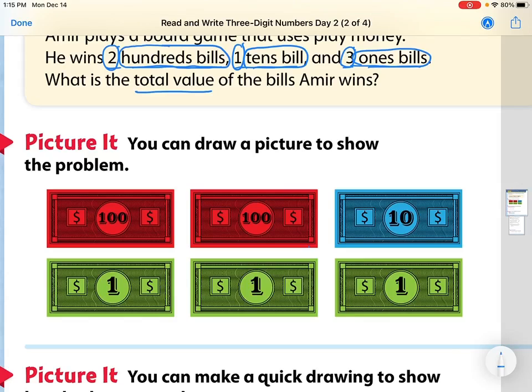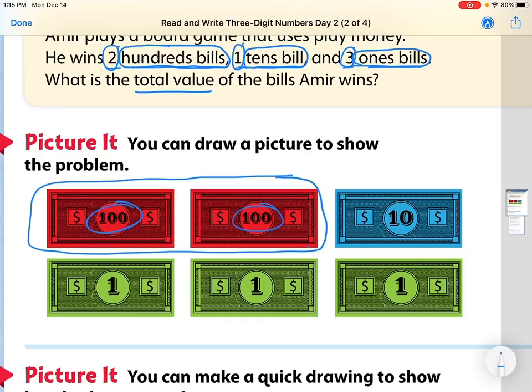So remember, Amir has 2 hundreds, and I can see them right here. I'm just going to circle these. So those are the 2 hundreds, and I've got 100 here and 100 there. He won 1 tens bill, and that's this blue one over here. So I've got a 10, and there's 1 tens bill.